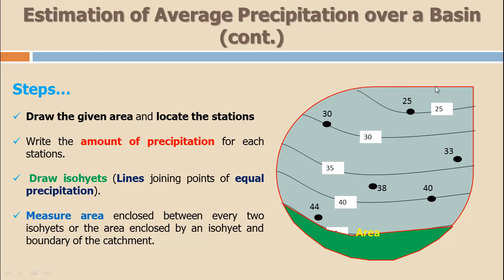So the average of the boundary and the first isohyete will be P1. The average of 25 and 25 is 25, so the P1 value will be 25, and this area will be called A1. Similarly, 25 plus 30 divided by 2 will be P2, and the area between these two will be A2, and similarly up to the end.